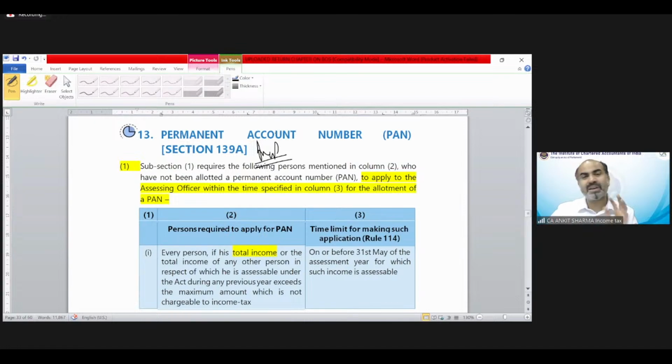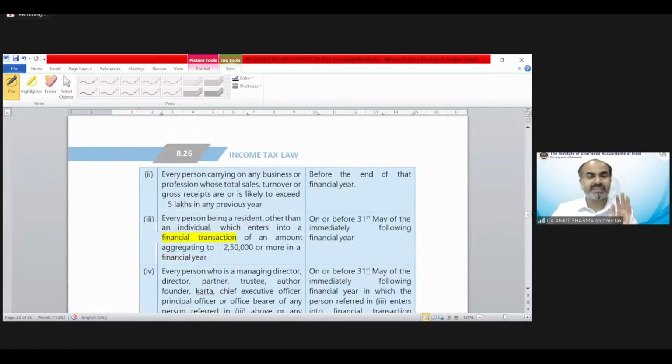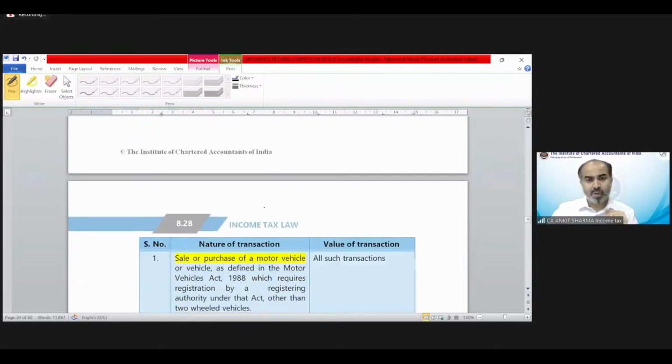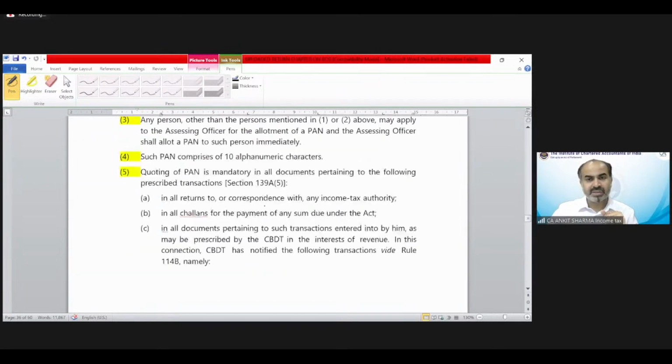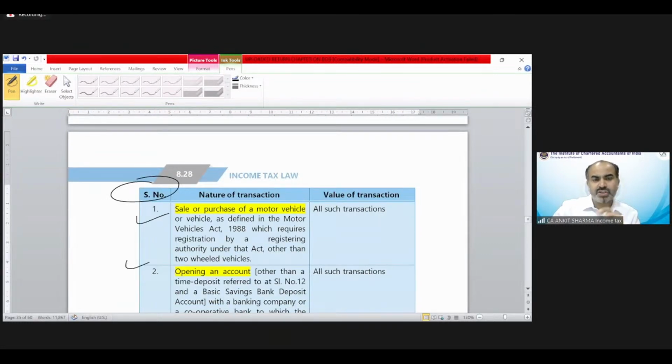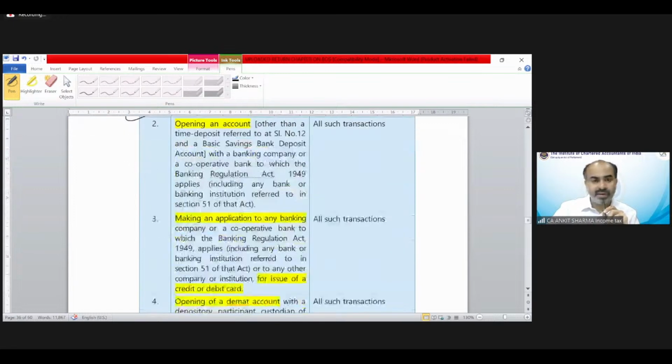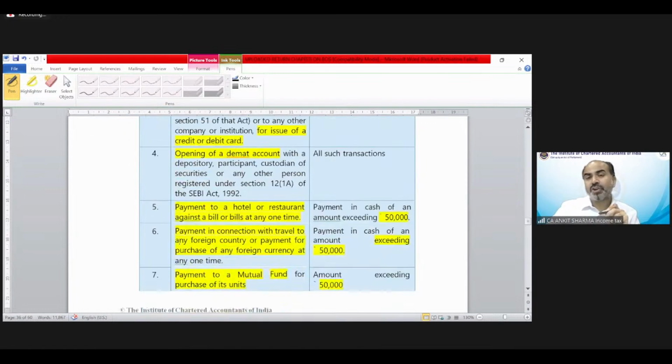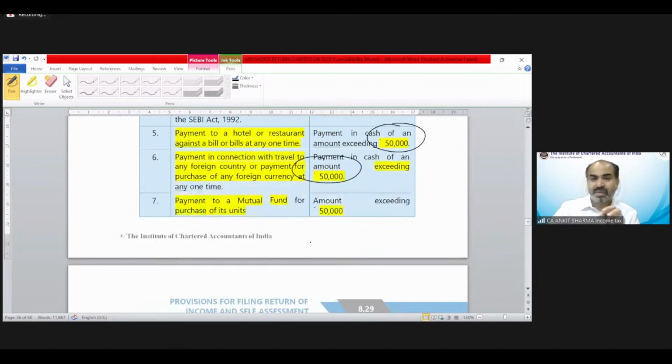There are multiple transactions which need submission of your PAN number in different scenarios. But in my opinion, the more important thing is the value of transaction. These transactions you need to learn, and the majority of transactions have the same amount, that is 50,000. Almost 70-80% of cases, the amount limit is 50,000.